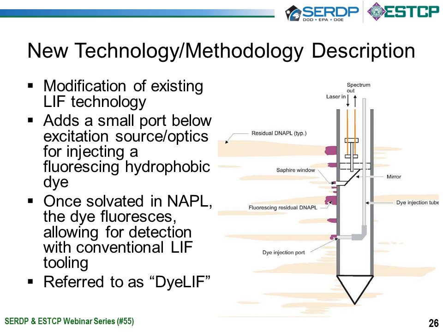So the new modification that was the subject of this research project, this demonstration project, was just a little tweak of conventional LIF, but to add a little tiny tube, an 1/8-inch plastic Teflon tube with a little connector, and then a port through which an emulsion of water and a little bit of powder of a fluorescent dye is slowly injected while you're advancing the tool, and that creates a little film against the wall of the probe hole.